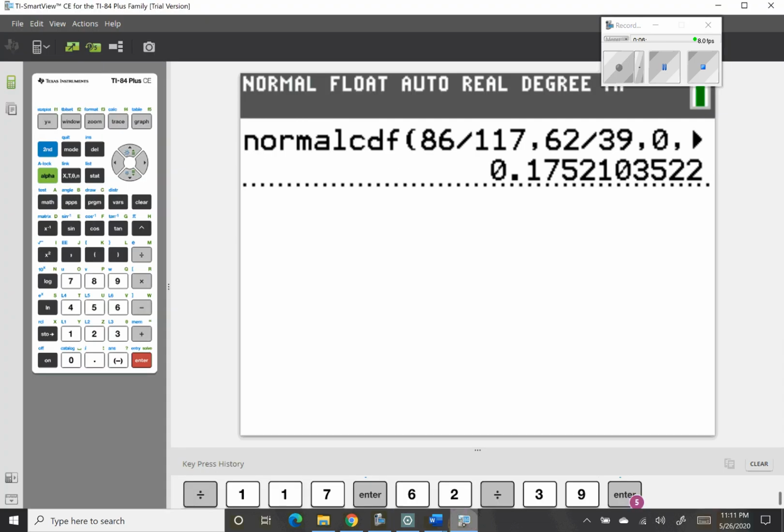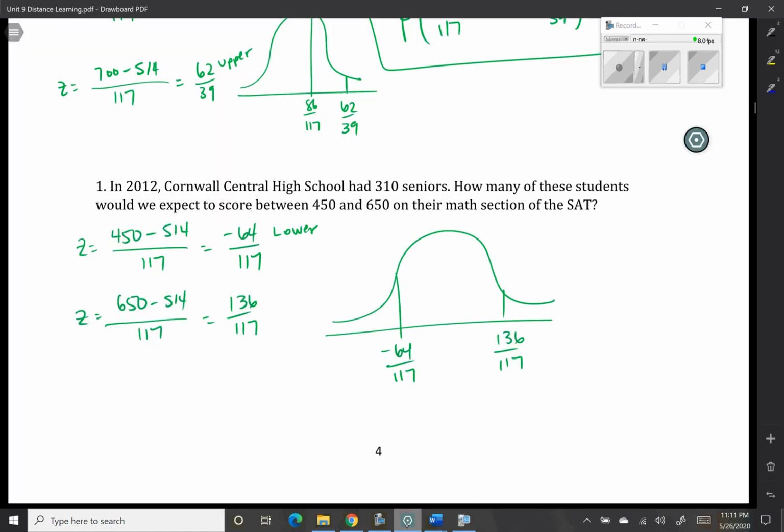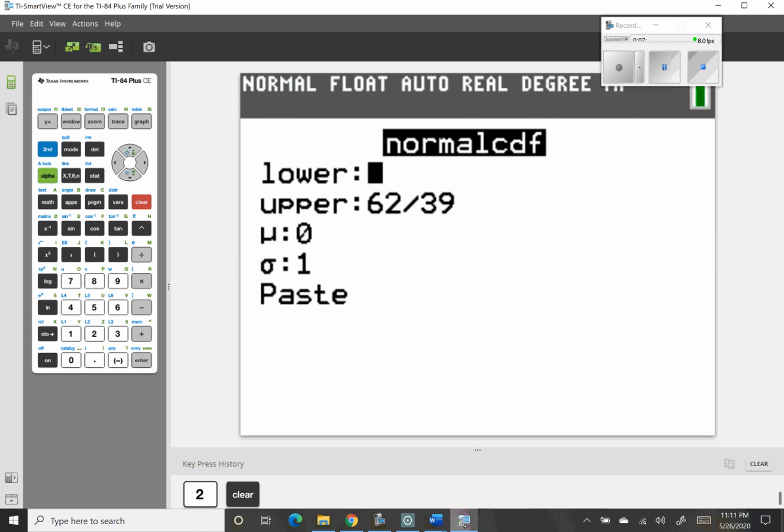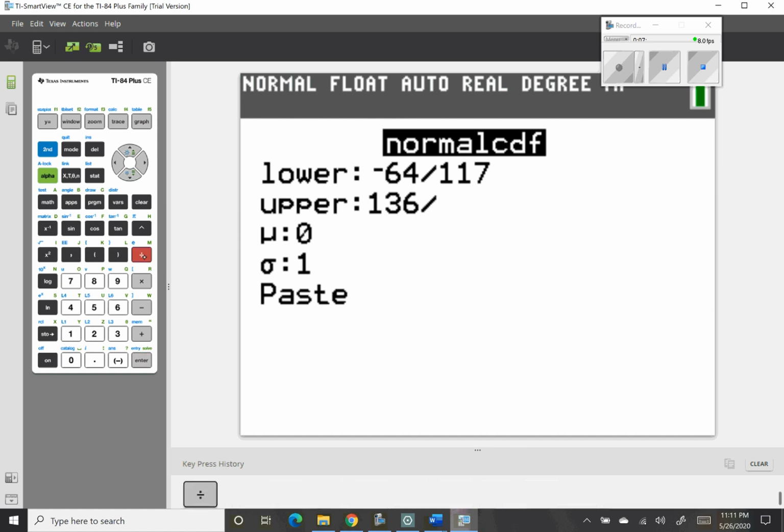So if we go to a normal CDF in our calculator, second vars, normal CDF, option 2, we wind up having our numbers here. I forgot the first one, negative 64 divided by 117 and 136 divided by 117.